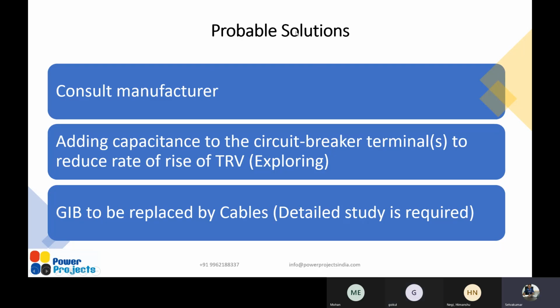What are the probable solutions? One thing is the TRV of the breaker is considered from the standard, correct? The T10, T30, T60 values are given by the standard.